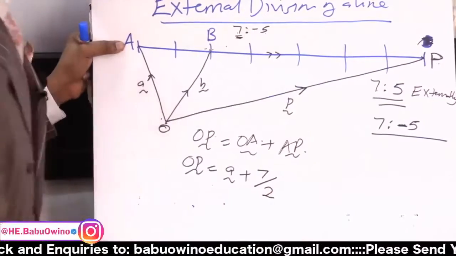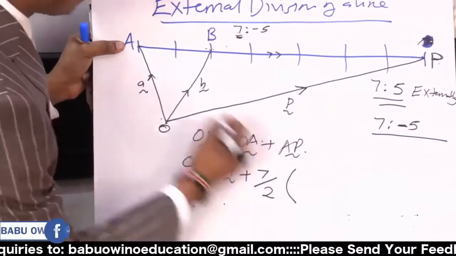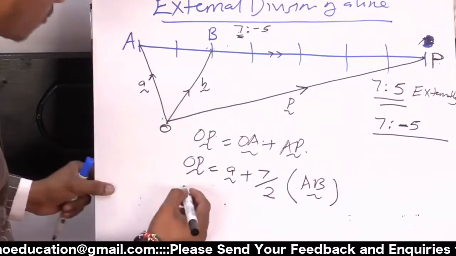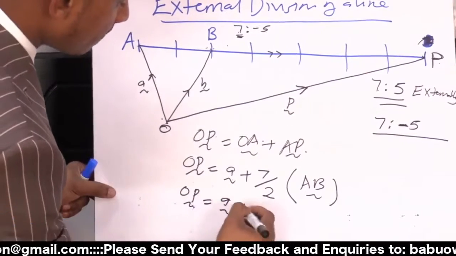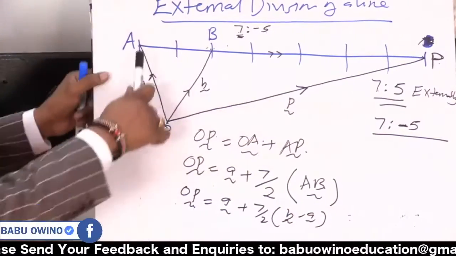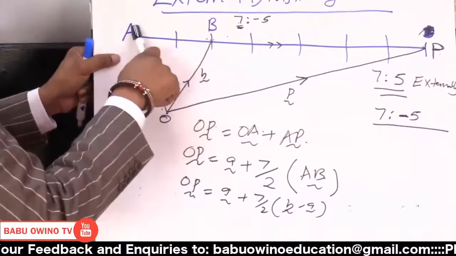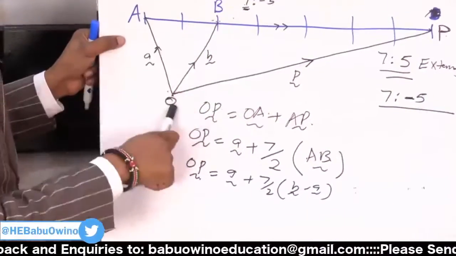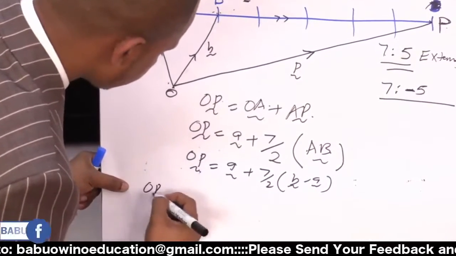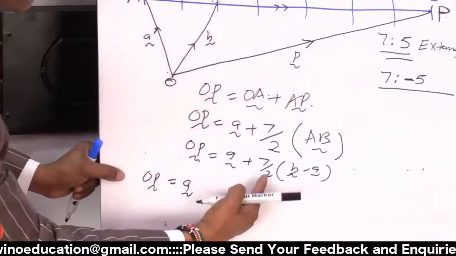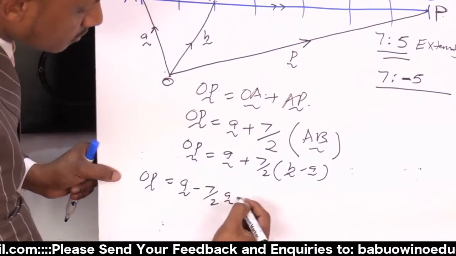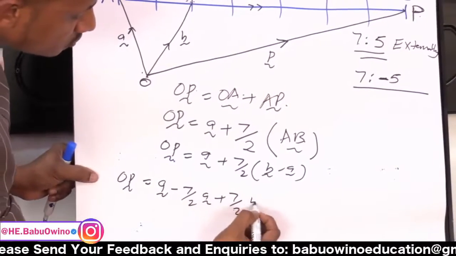Total ratio is 2, of AB. Very easy. So OP equals A plus 7 over 2 of AB. I told you AB means B minus A. AB is minus A plus B, which is B minus A. So when we open this up, OP equals A, then 7 over 2 times minus A is minus 7 over 2A, plus 7 over 2B.